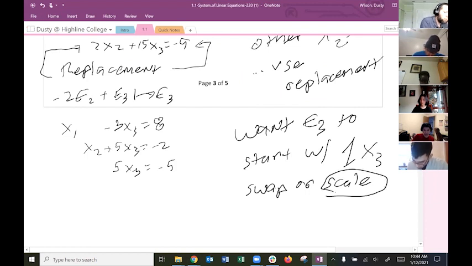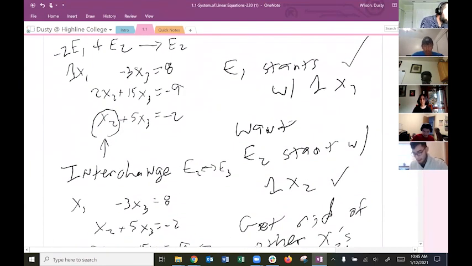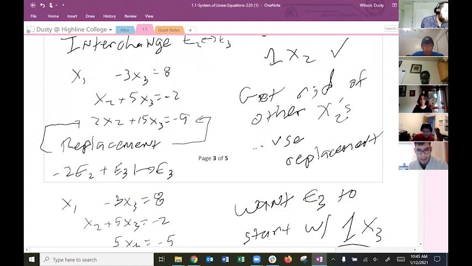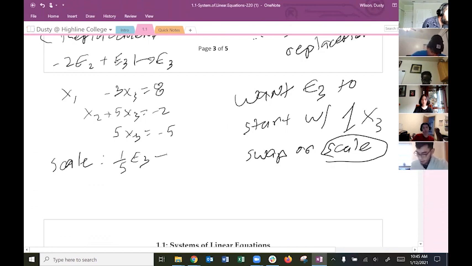In this case, we will scale. So what should we scale by? 1/5. 1/5, thank you. So we're going to go 1/5, equation 3 to equation 3.